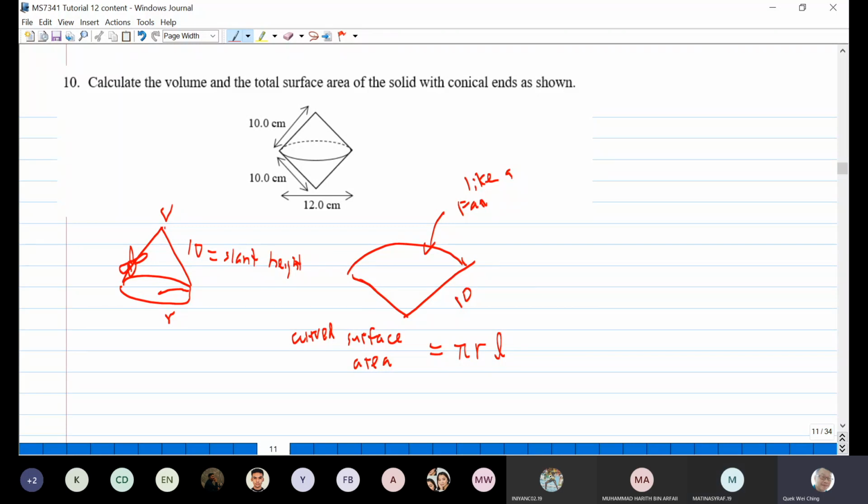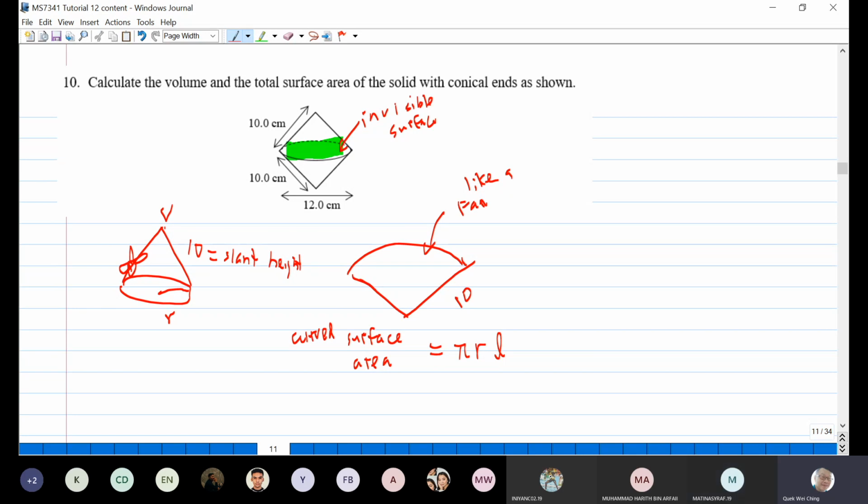Whereas the base area surface we don't need to count because it's concealed, an invisible surface, alright? We don't see this surface. So only the curved surface you need to calculate.